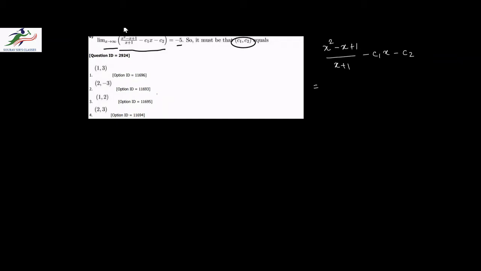We can simplify this by taking the LCM of the denominator. That will give us x square minus x plus 1 minus c1 into x plus 1 will give us x square plus x minus c2 into x plus 1 over x plus 1.